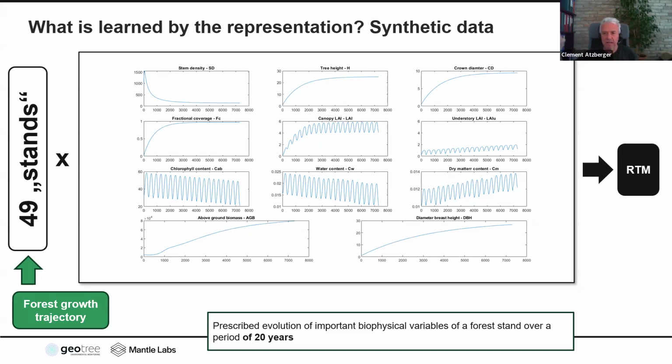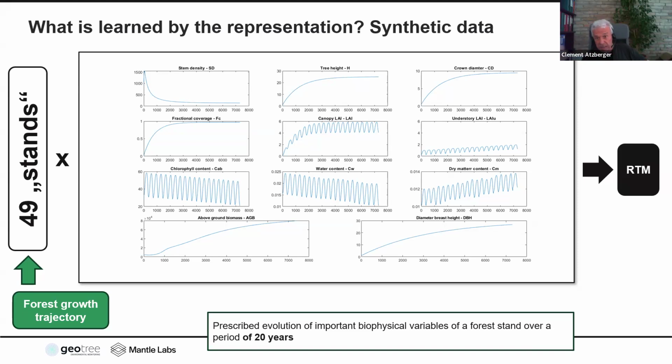You can read yourself. All these biophysical variables enter into this radiative transfer model. And I did this day by day, 20 years, times 365. And you see for one stand here in blue what I entered into the radiative transfer model.